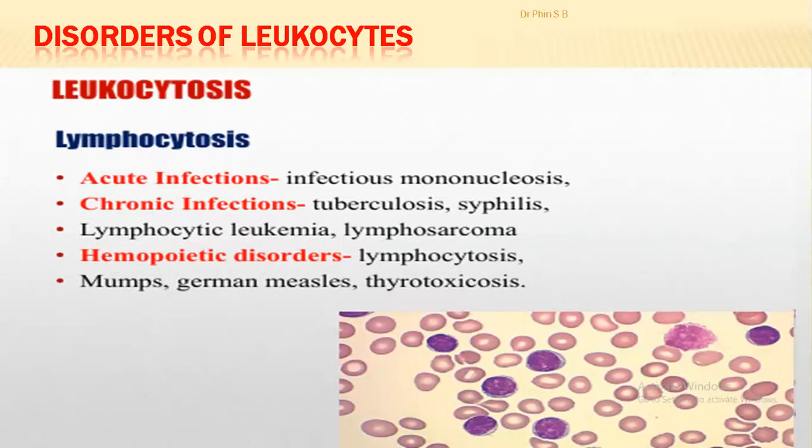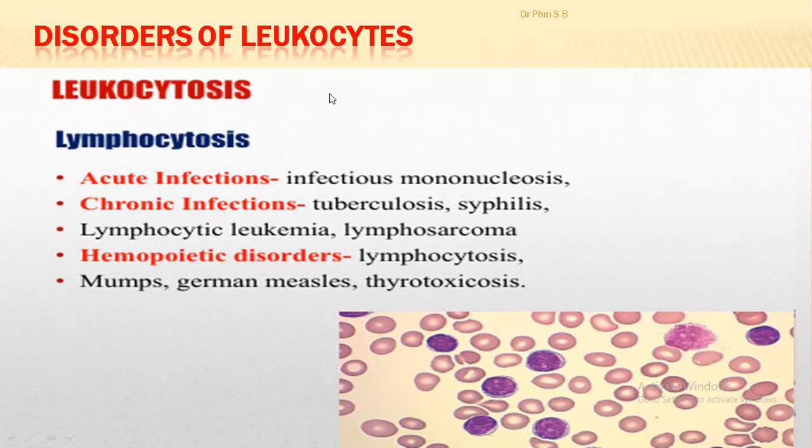That's infectious mononucleosis. Then you have chronic infections that can also result in lymphocytosis, like tuberculosis, syphilis, lymphocytic leukemia, lymphoma, lymphosarcoma.